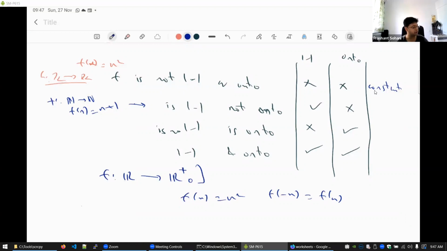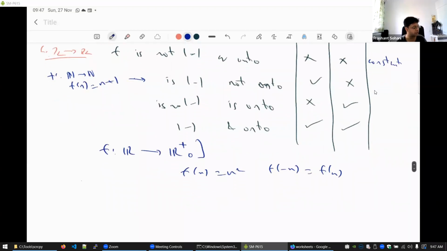One more example can be exactly the same domain R to R naught, and f of x is equal to mod x, the absolute value of x. This will also have the same behavior, correct? Because absolute value will map all the negative values to the positive values. So every positive element will have two what we call pre-images.